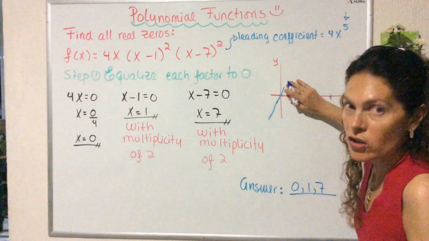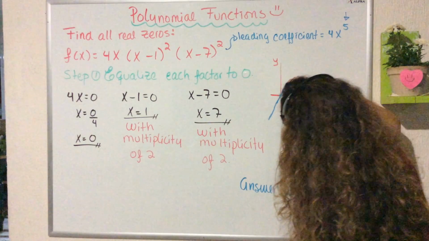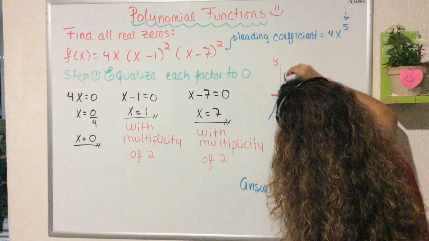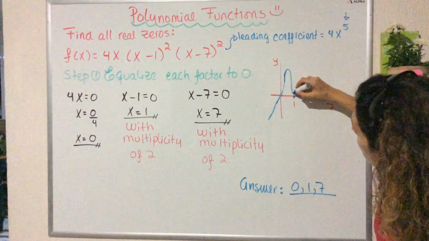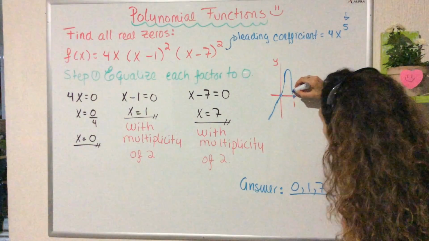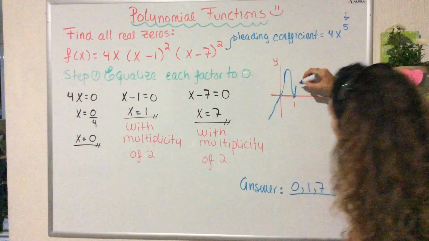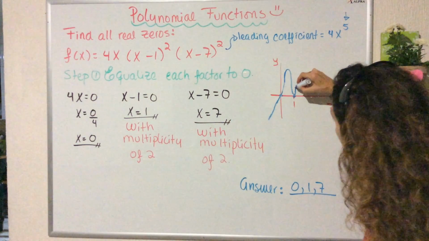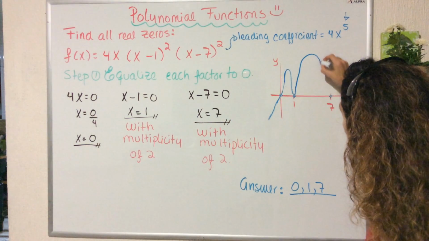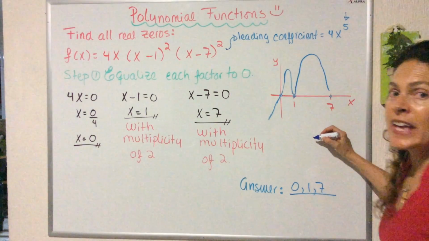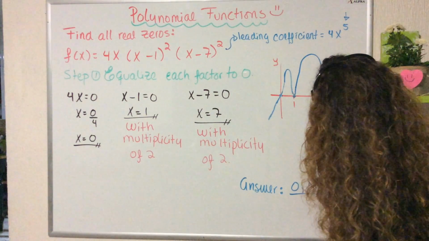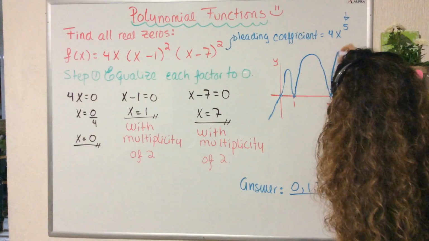It is not going to cross the x-axis, it is going to bounce. Look, you have something like this, and then it goes down, and it's going to try to pass, but no, as the multiplicity is 2, it is going to bounce, okay? And then it goes up again, and it's going to try again to cross, but no, the multiplicity is again an even number, so again it's going to bounce, okay?